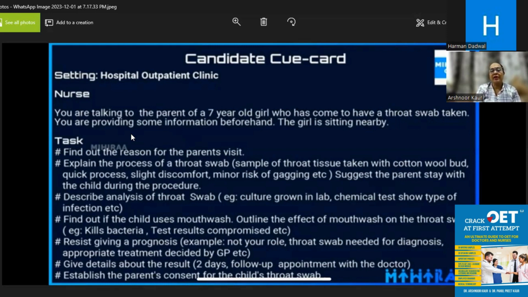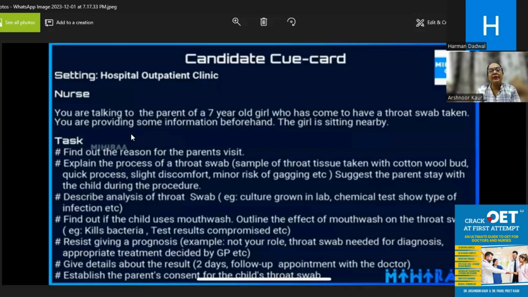Then now outline the effect of mouthwash. I've already told you. Resist giving a prognosis, for example, it is not your role. Yes. Now, in many cases, when the patient comes to you and asks what her prognosis is and what you suspect her to be suffering from, then you have to simply tell the patient that this is not your role, by apologizing: I'm extremely sorry, Sophia, that I won't be able to help in this matter because this is the role of the GP or the doctor or the expert.